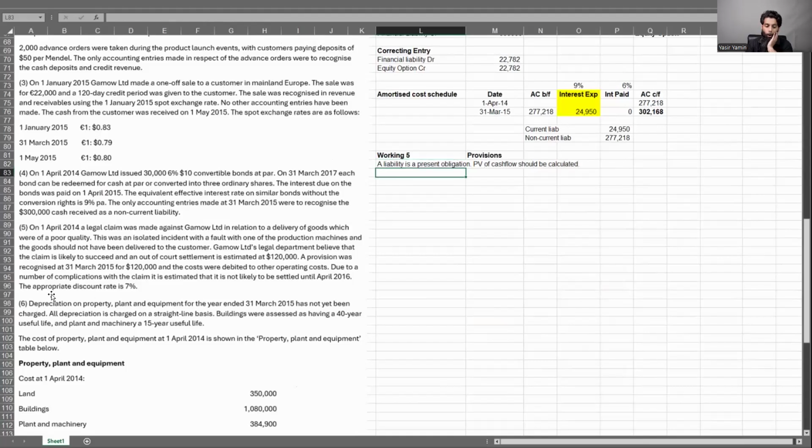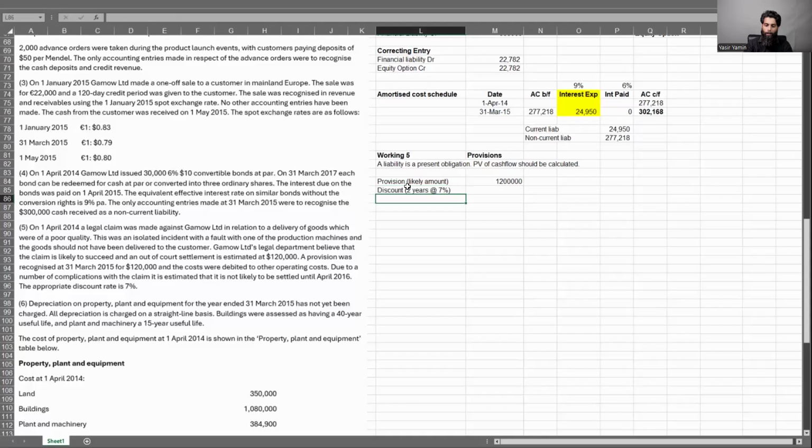Examiner is saying the appropriate discount rate is 7%. So how do you do it? The provision likely amount was how much? 120,000. You will discount it for 2 years at 7%.